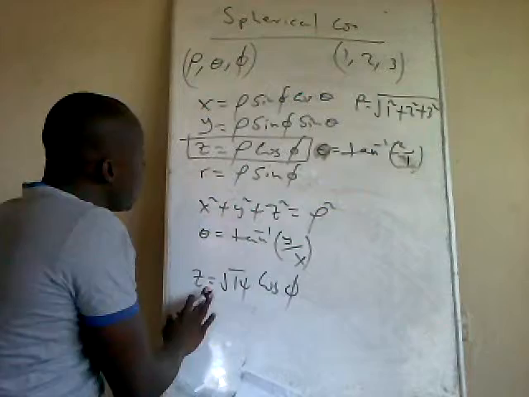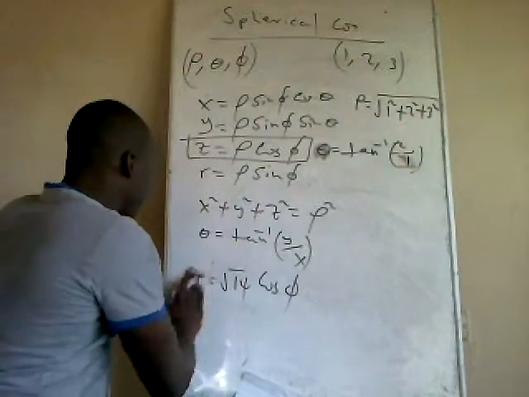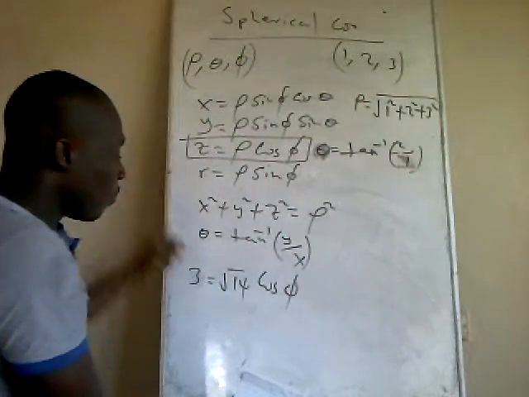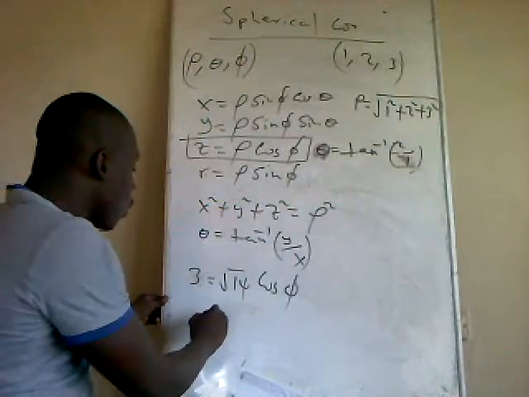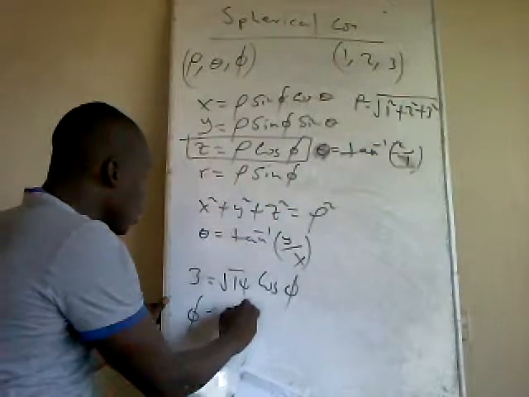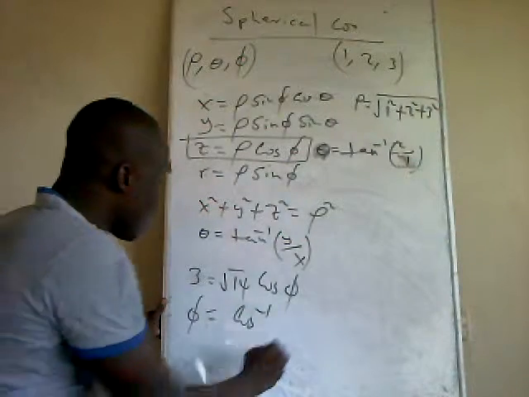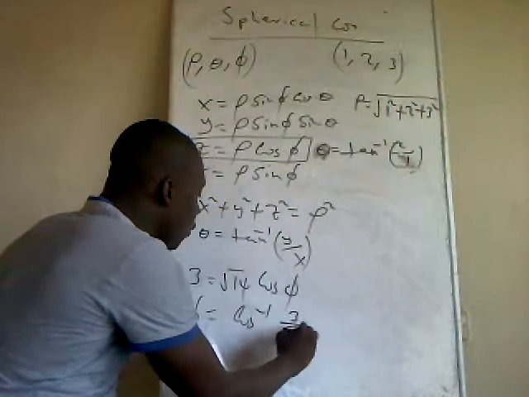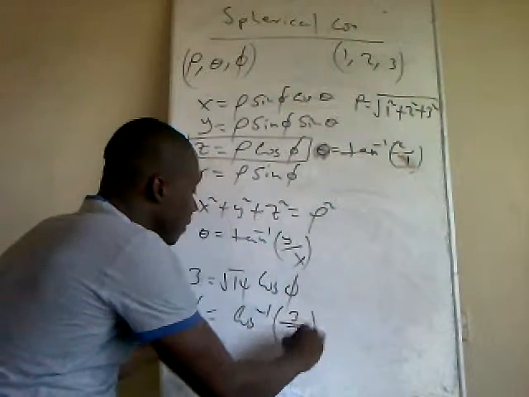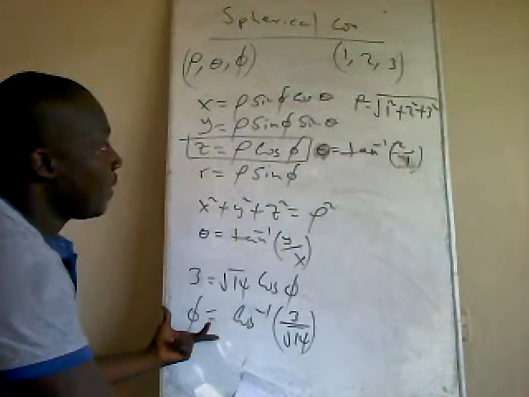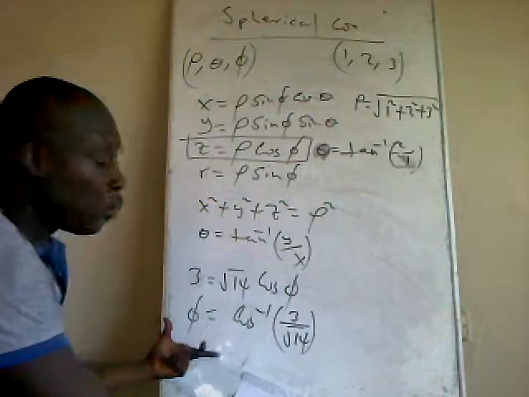But what is my z? Remember, from here z is 3. So from here I can find phi. So phi will be equal to the cos inverse of 3 over the root of 14. That will give me phi. You understand? So I can do that.